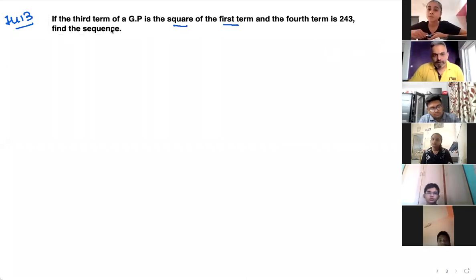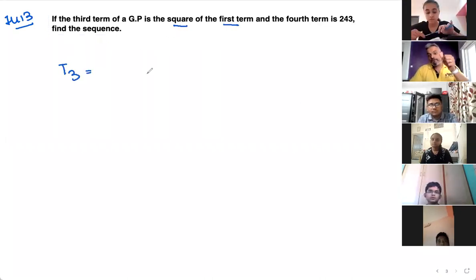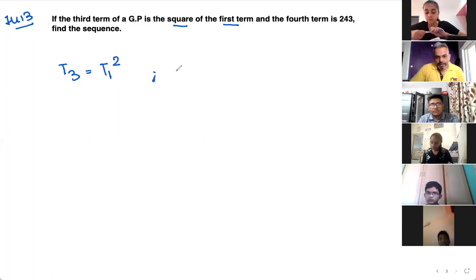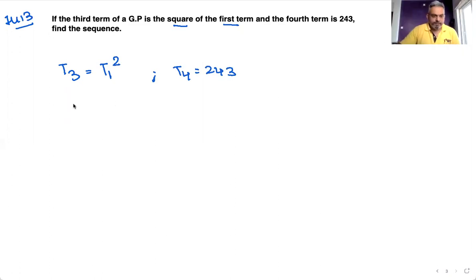If the third term of GP, T3, is what? Square of the first term, that is, the third term T3 is the square of the first term T1. And what else is given? Fourth term T4 is 243. Now we have to find the sequence.